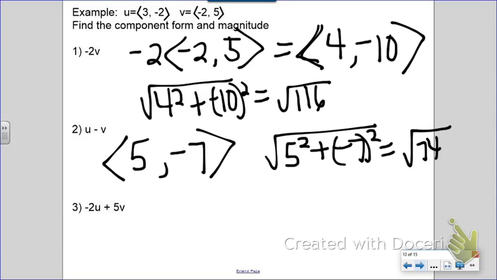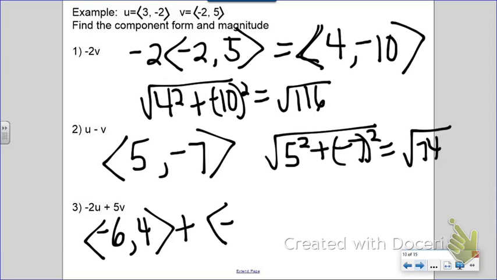And then the last one I have on here is negative 2 vector u plus 5 vector v. So negative 2 vector u would be negative 6, comma, 4, plus 5 vector v would be negative 10, 25.